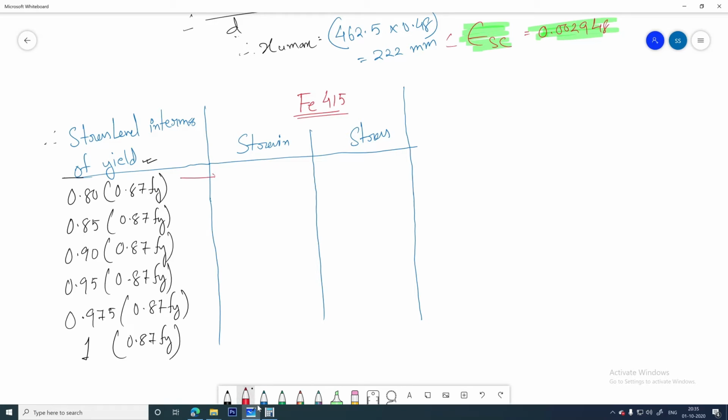Similarly, we have the strain value over here and we have the stress value as well. Now as our grade we are considering 415, so put this 415 in place of this Fy. Only this, when you put it in this Fy, you will get the value of the stress.